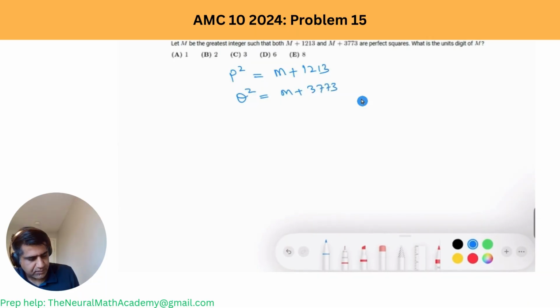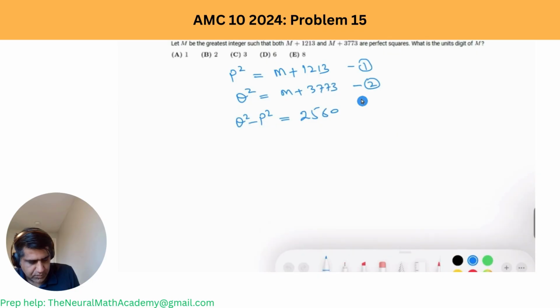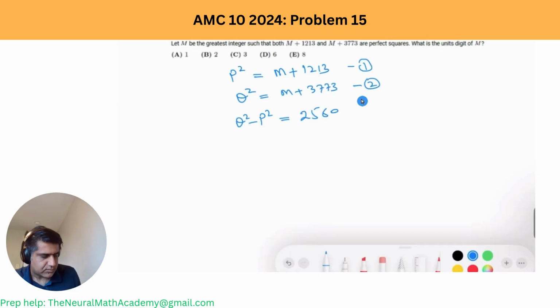3773. And if I subtract equation 1 from equation 2, I can write q square minus p square equal to 2560. M's will cancel out, right? And now the left hand side can be represented as q minus p, q plus p equal to 2560, right?